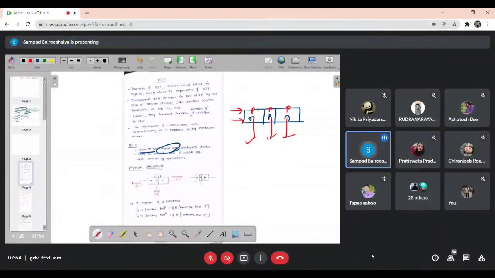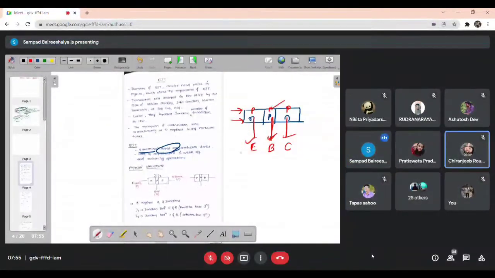So in a bipolar junction transistor, one type of semiconductor region is sandwiched between two regions of the other type. This is called the emitter region, and the terminal taken out from it is the emitter. This is the base region, with the base terminal, and this is the collector region, with the collector terminal. Is that clear?